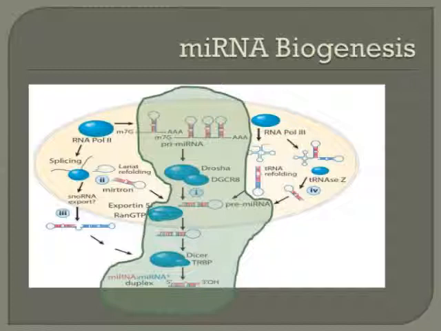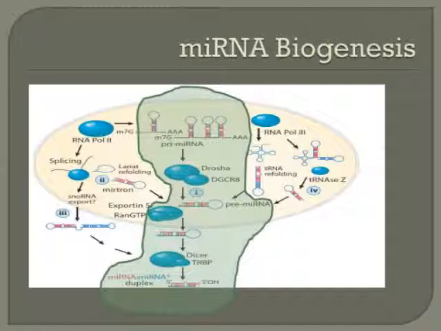Let us look at the biogenesis of microRNAs. MicroRNAs are most commonly synthesized by the canonical pathway. In this pathway, microRNAs are produced by RNA polymerase II during transcription of normal cellular mRNA.